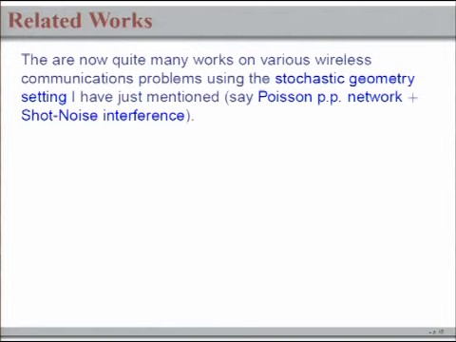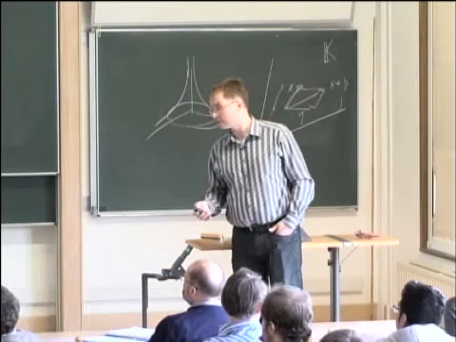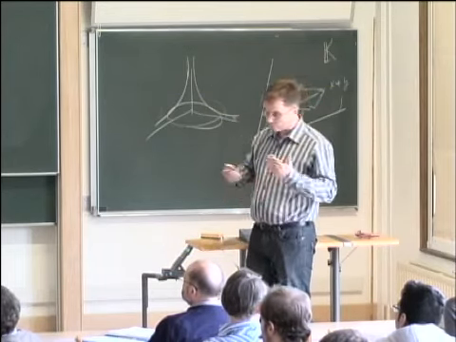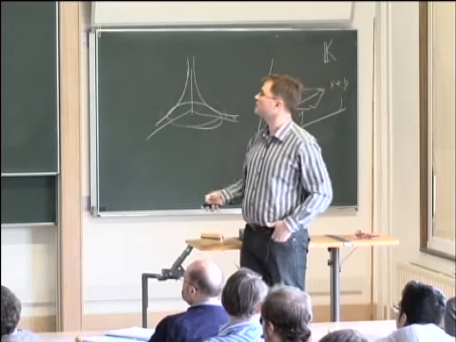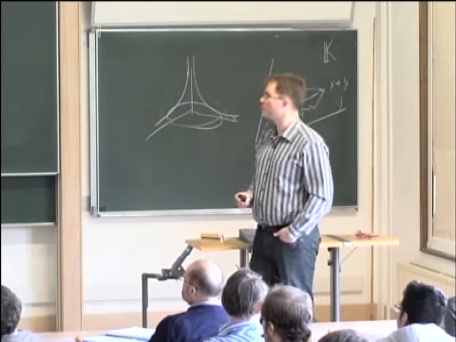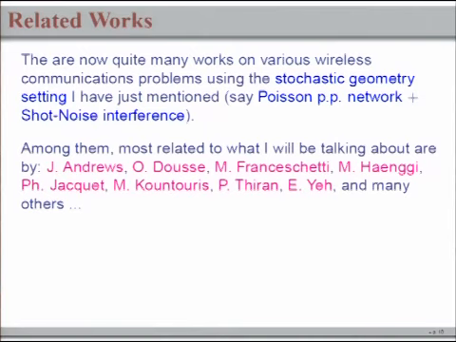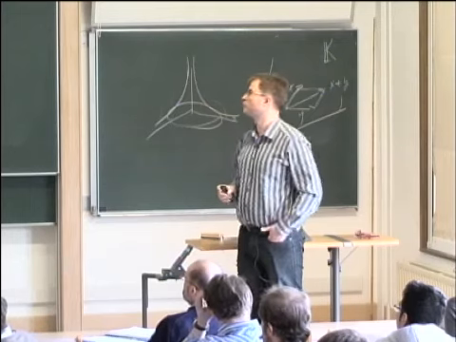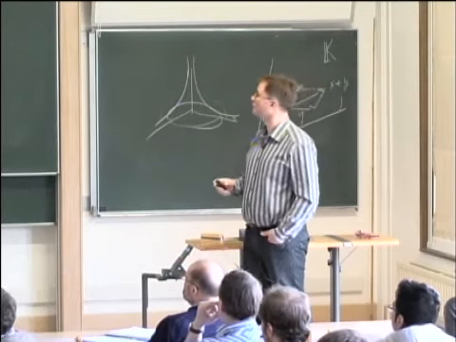So I have to say something about the related works, and actually quite recently there are quite many works in which wireless communication problems are treated on the ground of stochastic geometry, say Poisson point process of nodes plus shot noise interference. I will not be able to cite all the papers. Please, these are the names, in alphabetical order by the way, of people who contributed probably the most to this whole area recently.